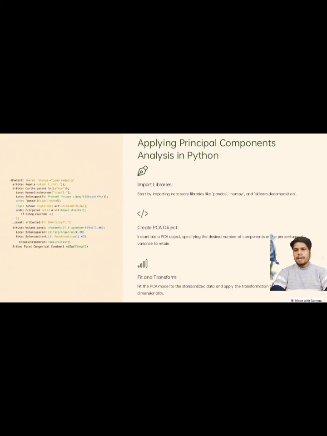So, applying principal component analysis in Python takes some steps. First, import libraries: start by importing necessary libraries like pandas, numpy, and sklearn.decomposition. Second, create a PCA object: instantiate a PCA object, specifying the desired number of components or the percentage of variance to retain.